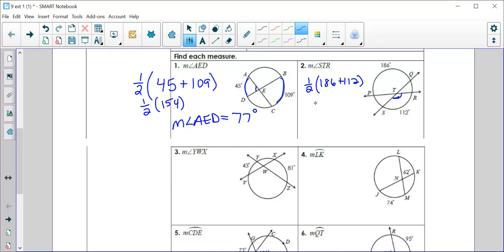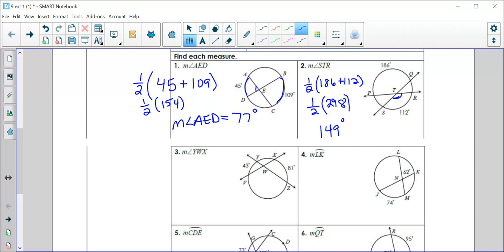So if we add 186 and 112 first, we get, what would that be? 298. And then if we divide that by 2, we get 149 degrees for the measure of angle STR.